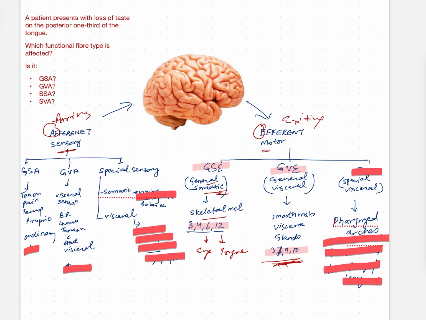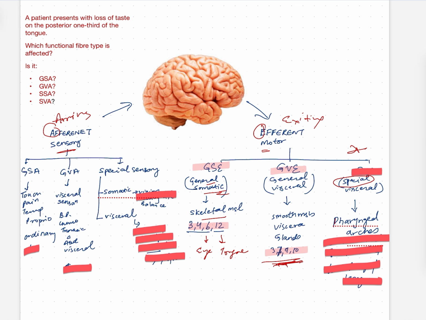Next is the special visceral efferent. We need to remember why this motor supply is special. These fibers supply the skeletal muscle derived from the pharyngeal arches. We always consider pharyngeal arches as special.